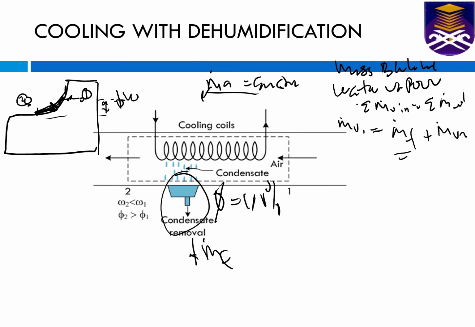The amount of condensed water rejected from the system is m dot f equal to m dot a (omega 1 minus omega 2).